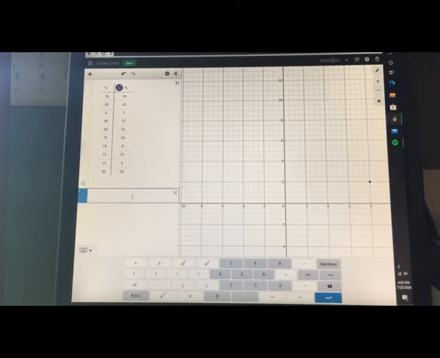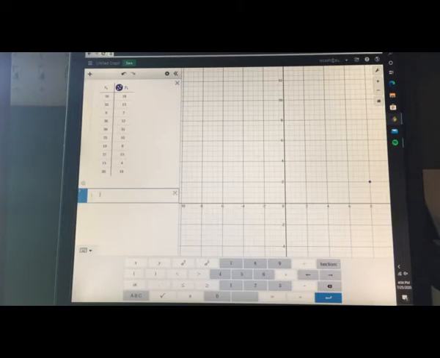Basically what we've got here is an x1 column and a y1 column. So in my equation, I'm going to use that notation for my y equals mx plus b. Instead of using y, I'm going to use y1. Instead of using x, I'm going to use x1. That tells Desmos that we're considering all of these ordered pairs to generate that equation.